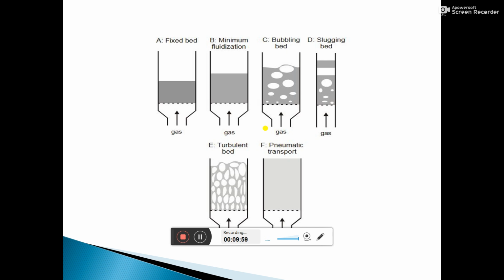And in a pneumatic transport, the bed is considered fully expanded and the coarse material goes through the flow in the direction of the flow. In this mode, we could transport the coarse material through channeled pipes.